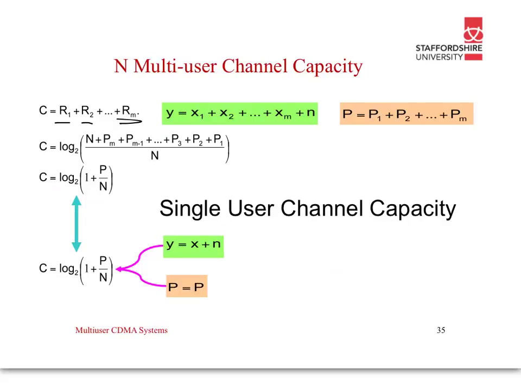So the channel capacity is at a maximum and is not limited by the number of users. This has no effect. So we just have C, channel capacity, is log to the base 2 of 1 plus P over N.